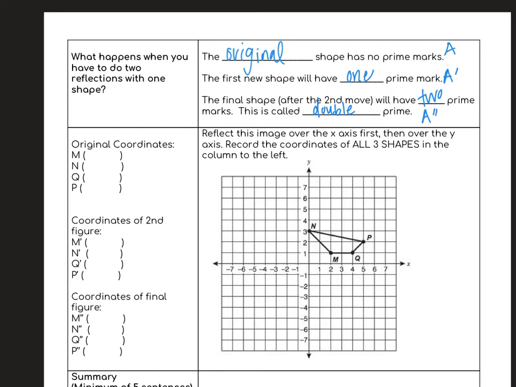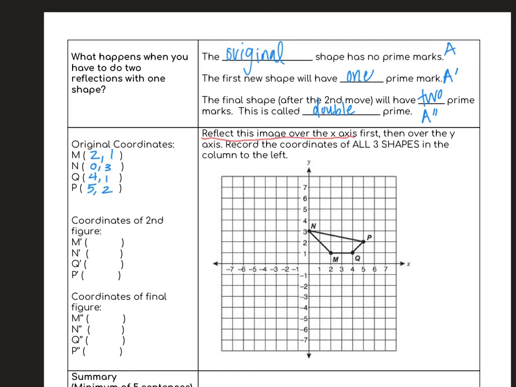Okay, so right now we are going to do 2 reflections. So first, let's write down the coordinates of the original shape. So M is (2, 1), N is (0, 3), Q is (4, 1), and P is (5, 2). Okay, so the first thing it is asking us to do is reflect this image over the x-axis.